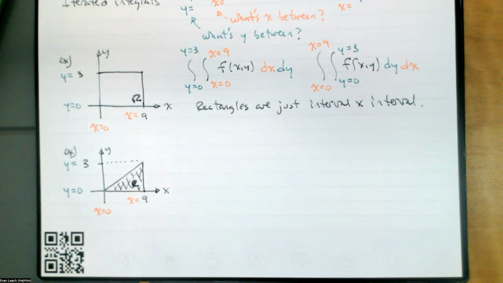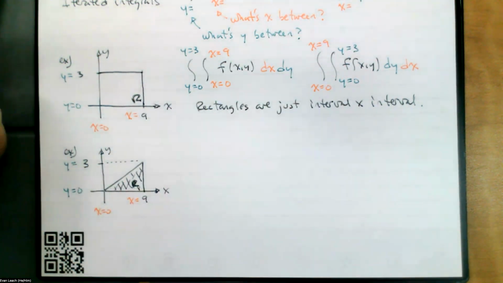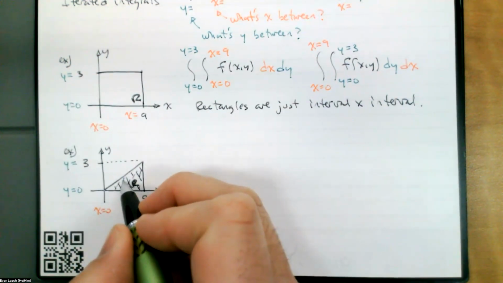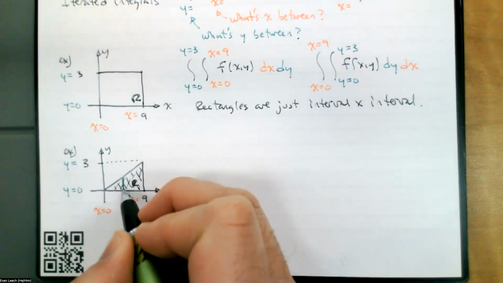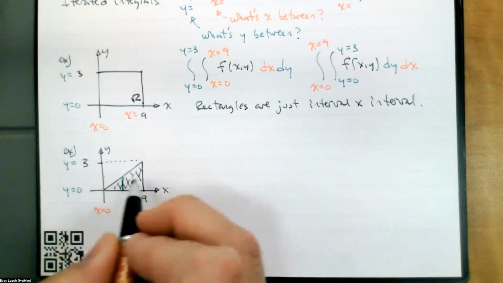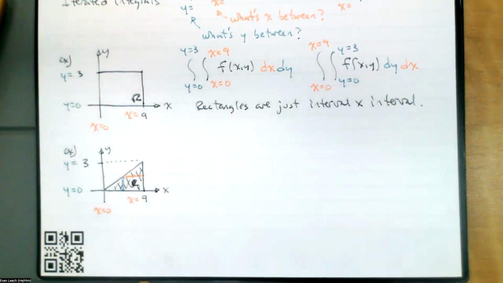Similarly, for a given y value, we only want some of the x values. So for example, at this x value here, I only want some of the y values. And for this y here, I only want some of the x values. So that's what we have to keep in mind.